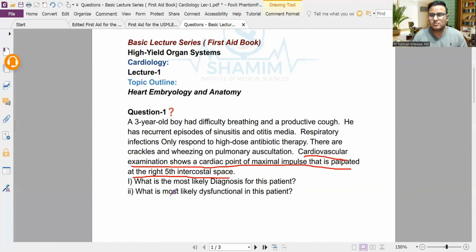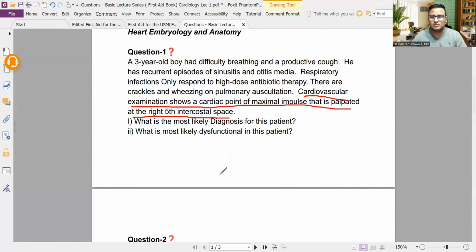I know many of the brilliant students noted this point, but many people ignore it. The maximal cardiac impulse is the apex. The apex is normally in the left fifth intercostal space, but in this scenario it is in the right, so it is dextrocardia. The only condition having dextrocardia is Kartagener syndrome. Thank you for your answer. Thank you so much. Okay.